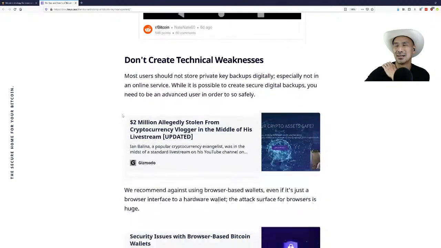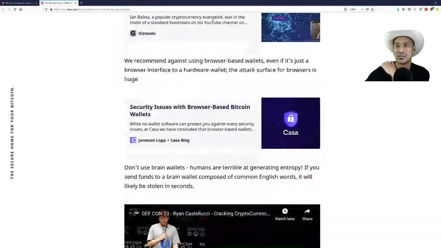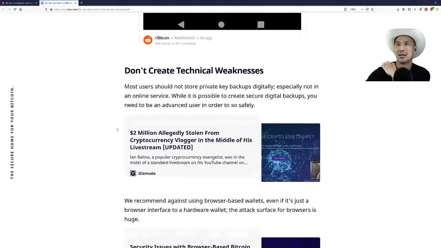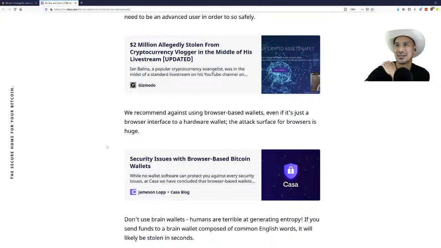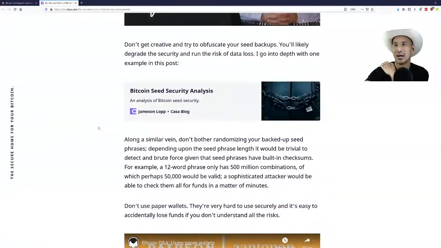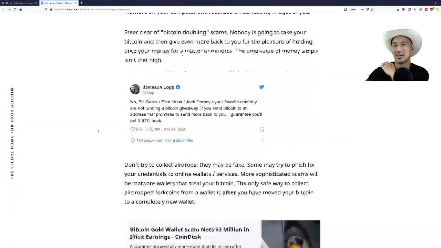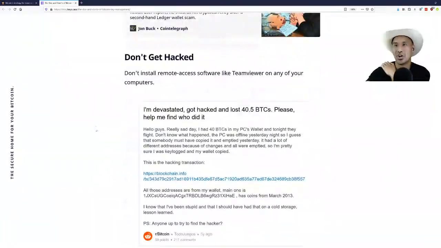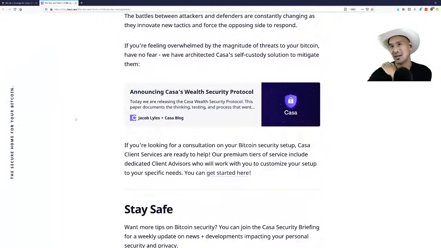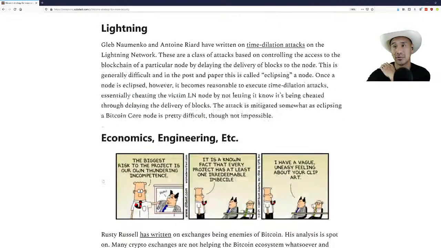A bunch of other things, technical weaknesses based on Shamir and others, seed security, and basically these are all things that you have to be very careful about. This is a good article to send to somebody that is fairly new to Bitcoin that's trying to secure their own seed. These are the vulnerabilities that they should watch out for.